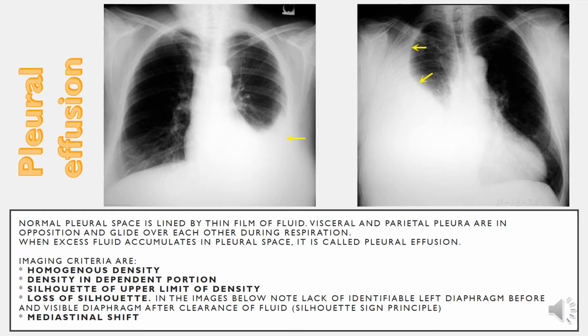Imaging criteria are homogeneous density, density-independent portion, silhouette of upper limb of density, loss of silhouette. In the images below, note lack of identifiable left diaphragm before and visible diaphragm after clearance of fluid. Silhouette sign principle. Mediastinal shift.